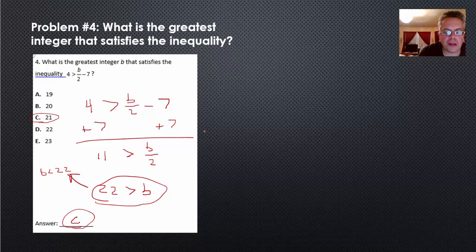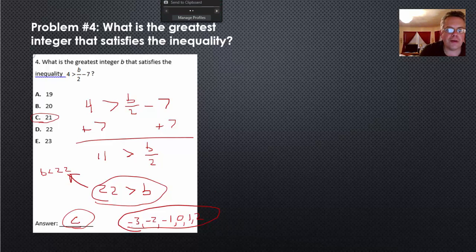All right, so remember, integers, by the way, are the numbers like -3, -2, -1, 0, 1, 2. These are the integers, the whole numbers and their negatives. So when it says, what is the greatest integer? Those are the integers, whole numbers and their negatives.